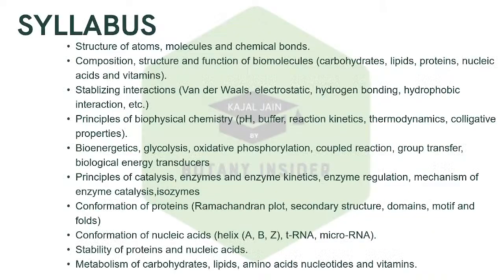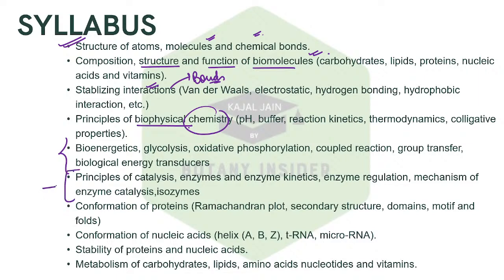Okay, let's begin. So this is the entire syllabus of your upcoming biochemistry unit. You have structure of atom, molecules and the chemical bonds. Then we have composition, structure and function of the biomolecules. Then a number of stabilizing interactions, that is the number of bonds that we have. Then the principle of biophysical chemistry. Then the concept of respiration.